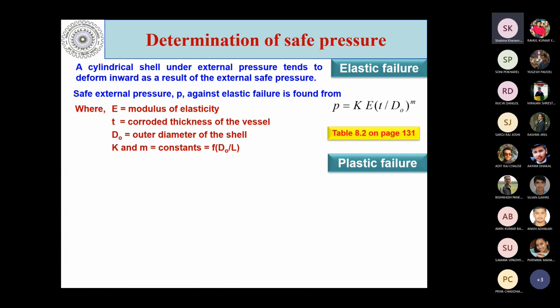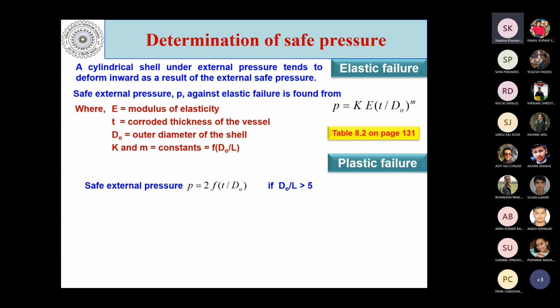So that is the elastic failure, and then we need to consider plastic failure also, because if elastic failure is safe, we also have to ensure whether plastic failure is safe or not. Otherwise, the damage will be permanent. So for that safe external pressure, we consider P equal to 2F T by D naught.